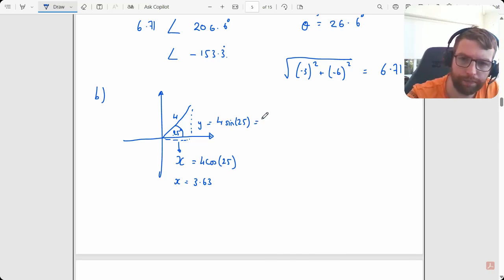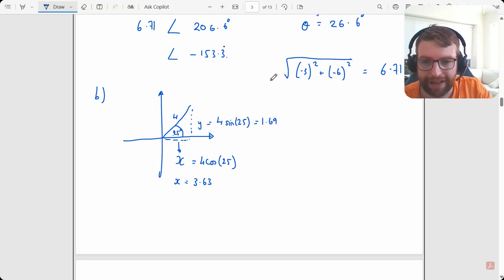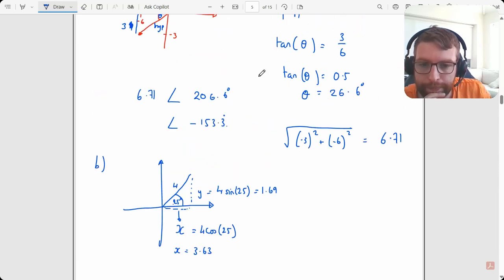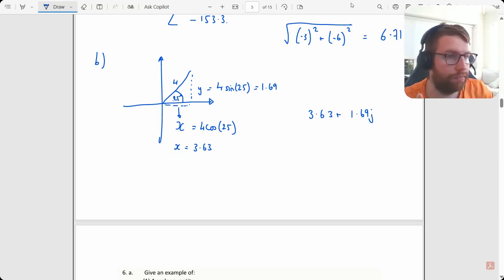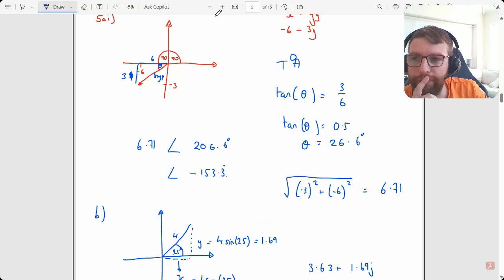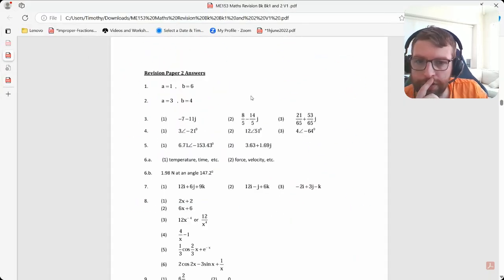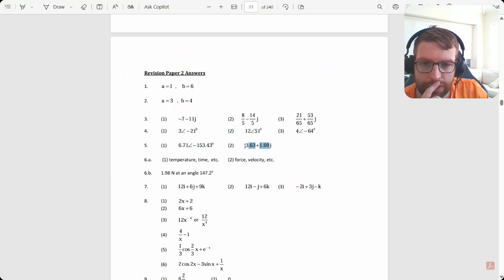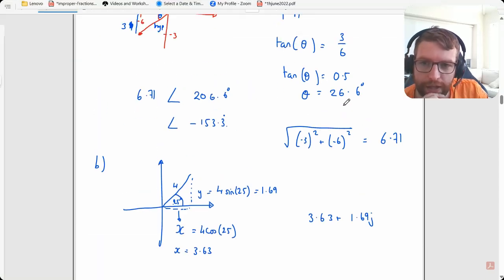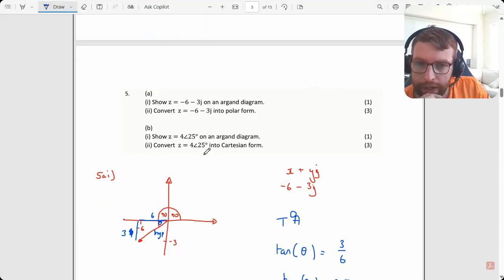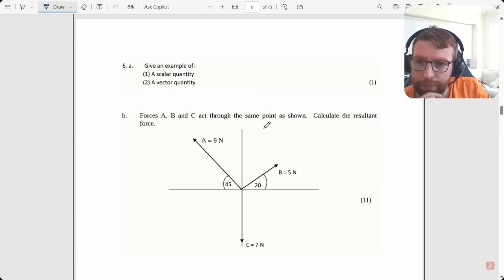It's 1.69. So then when you get that, you put that into your i's and your j's, or just your j number in this case. So you get 3.63 plus 1.69j. Now I'm doing this on Google's calculator, so it might come up with surds and things. No, it doesn't. If it came up with surds, you could just leave them as surds, and that's just square roots and things like that. Yeah, that's that done. So I'll move on.